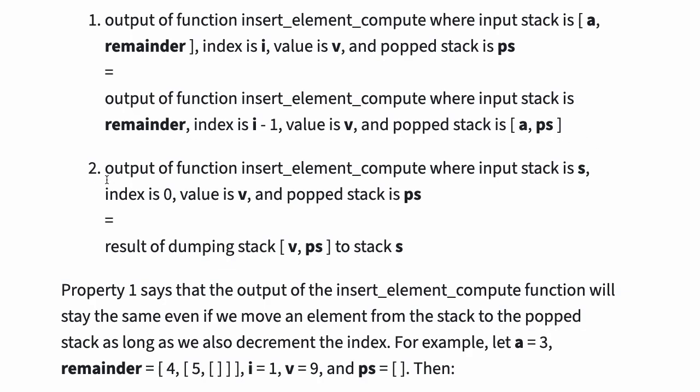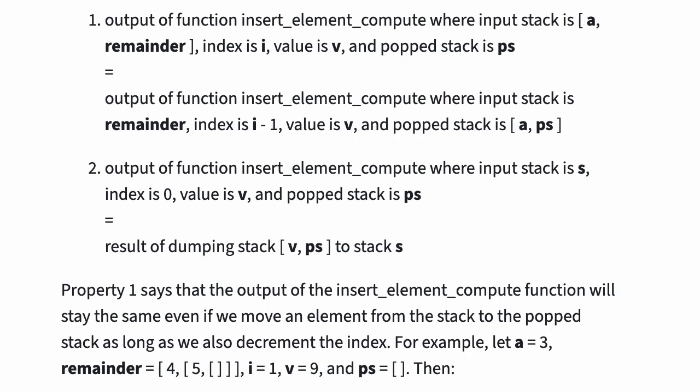Property 2 says that the output of function insert element compute, where input stack is s, index is 0, value is v, and pop stack is ps, is equal to the result of dumping stack v, ps to stack s.